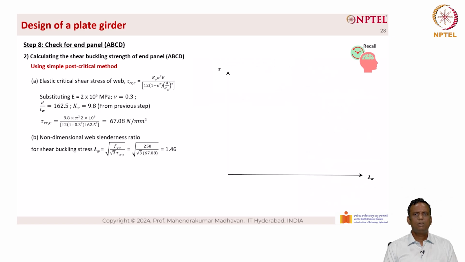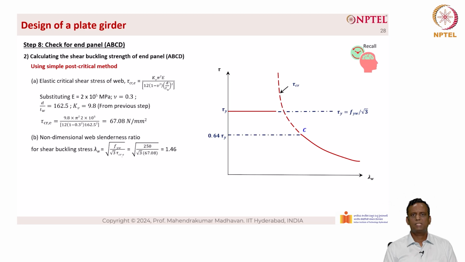Now recall, we have already understood the concept of tau b, where tau is on the y-axis and lambda w, the web slenderness, is on the x-axis. We have a curve which is the tau critical curve, and the curve is a dotted line for some portion and a solid line for the rest. The solid line indicates the portion that is governed by Euler buckling. The dotted line is exceeding the capacity, and the maximum that it can reach is tau y equal to fyw by root 3.